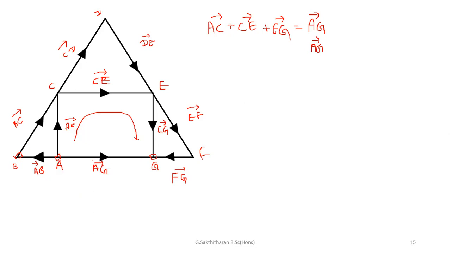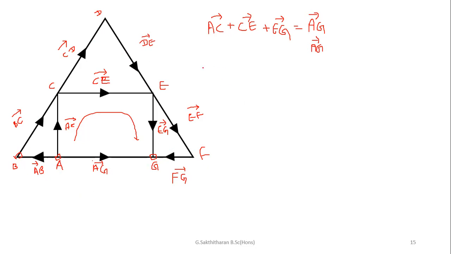Okay, here A to B and B to C, C to D and D to E, E to F, F to G. So the starting point is A, the ending point is G. So these 1, 2, 3, 4, 5, 6 vectors give the resultant vector AG.